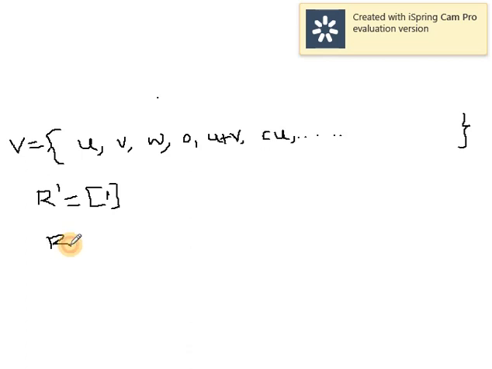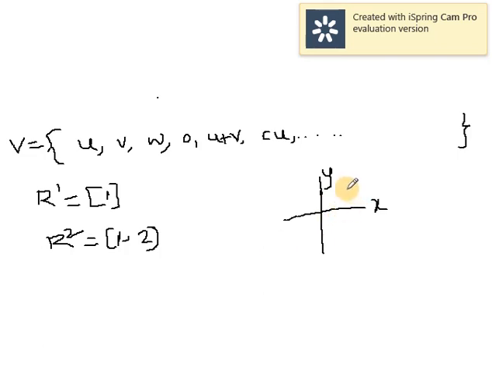Similarly, R2 is something like 1, 2. It is two-dimensional. R1 indicates a single-dimensional vector. R to the power 2, that is R2, indicates a two-dimensional vector.